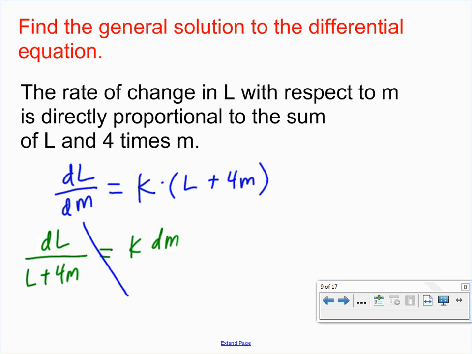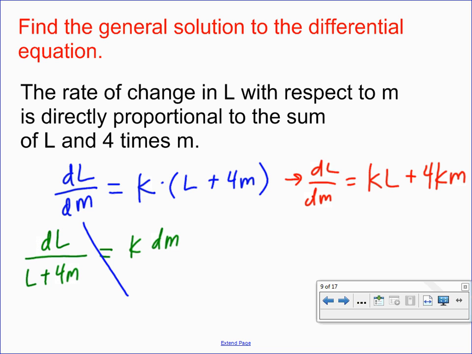Well, can we try distributing through to get rid of the parentheses? We could distribute through and rewrite as dL/dM equals kL plus 4kM. Is that right? Yes? Awesome. Then we could... oh, that's still going to have dM.